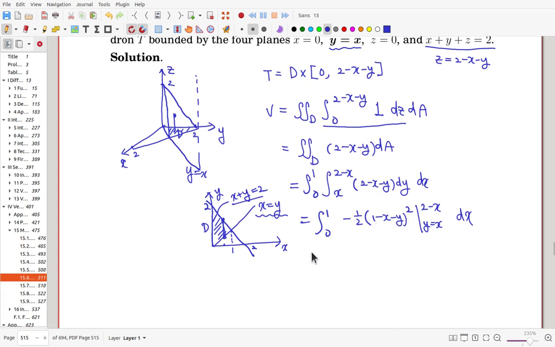So it's an antiderivative. So let's try to evaluate. So 1/2 can go out, and from 0 to 1. Now, along with negation, okay, there must be 2. When y equals x, this must be (2 minus 2x) squared. And then once y equals 2 minus x, then this is 0.